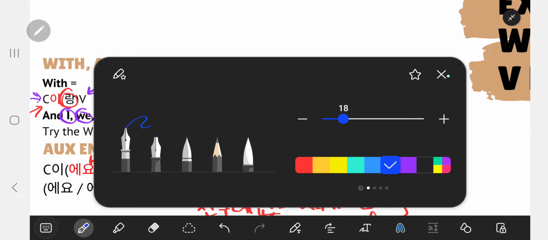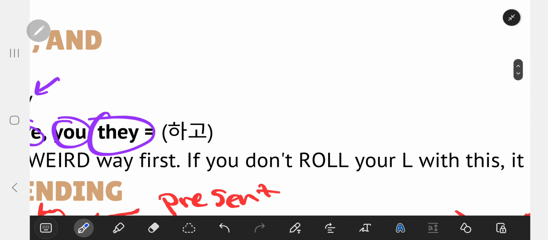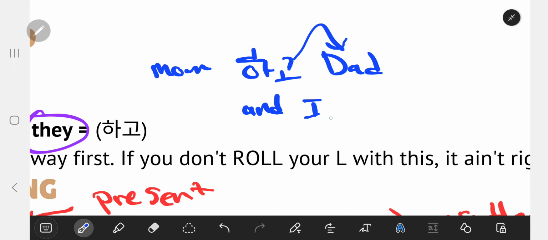So when you have multiple subjects or objects, which are nouns, and then you say something like this, mom 하고 dad. Now, since there is a dad here, this no longer means "and I," "and we," or "and they."